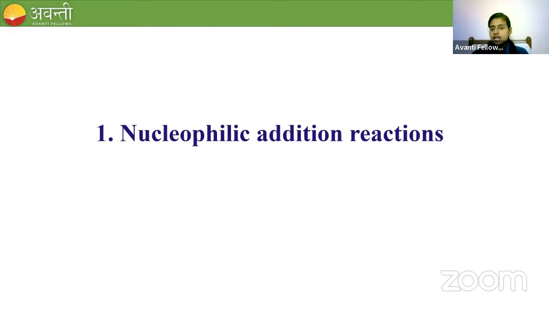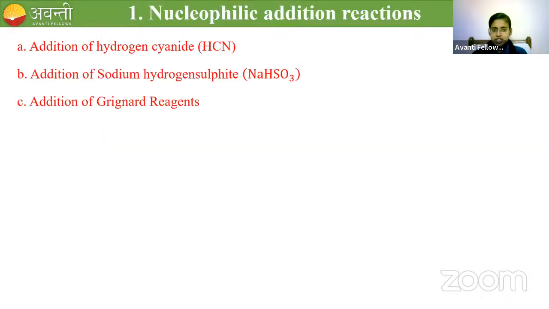Okay. So we have studied the mechanism of how to add the nucleophile to the C double bond O in the aldehyde and ketone functional group. And after that, we came across some of the compounds. Like we have seen the addition of hydrogen cyanide, addition of sodium hydrogen sulfite, and addition of Grignard reagents.